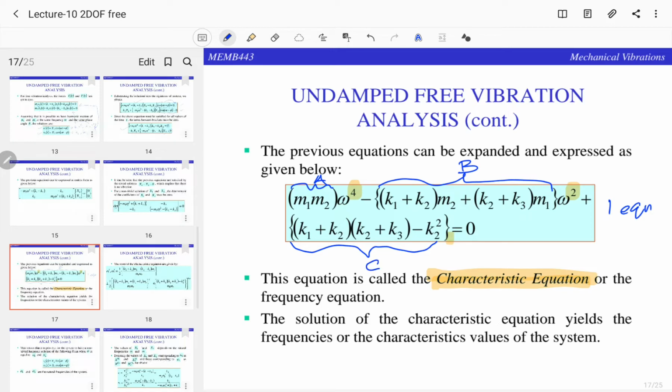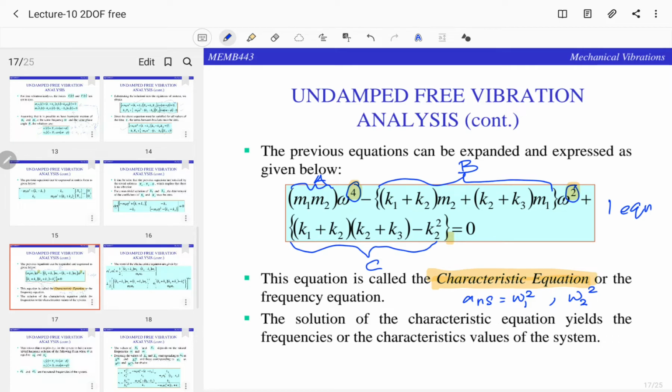This will become your C. So input in your calculator and your answer is actually omega square. Okay, you're going to get two answers. The first answer is omega 1 square, and the second answer is omega 2 square. Why square? Because your power here is 4. Okay, your power here is 2.